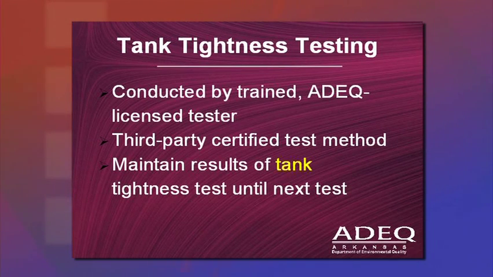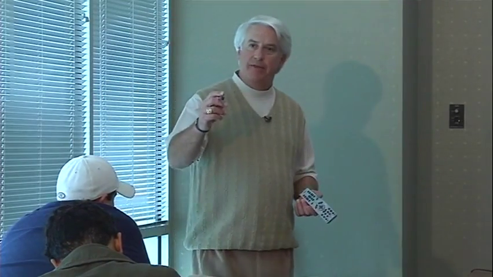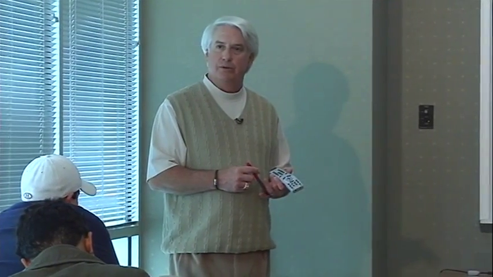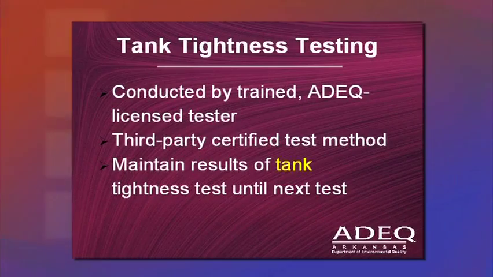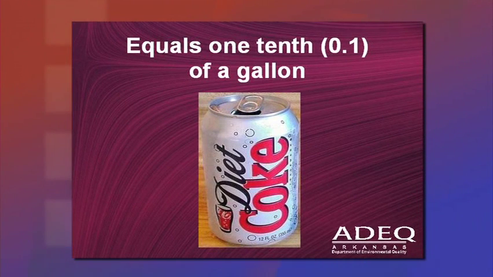The method that they use to do that tank tightness test has to be a third-party certified test method. And you can find that out by going to that National Workgroup site and go to tank tightness testing. You have to maintain the results, important here, maintain the results of the tank tightness test until the next test. Tank tightness test. Remember, 0.1 gallon per hour leak rate.